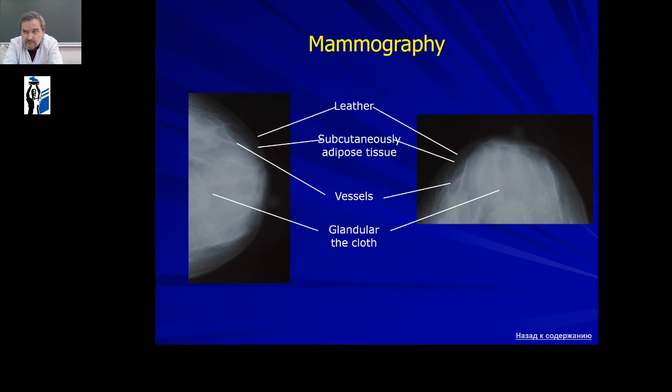This method is necessary to take women more than 40 years old to detect and screening of breast cancer. It's a very important method.